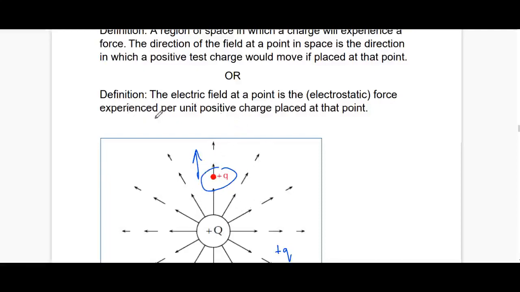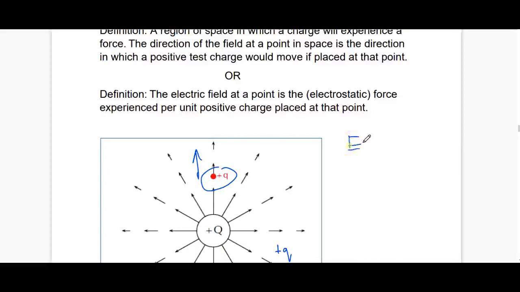Another definition that you can look at is that the electric field at a point is defined as the electrostatic force experienced per unit positive charge placed at that point. So what does it mean?